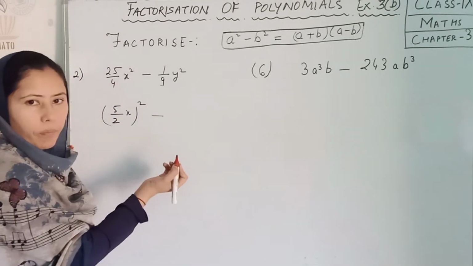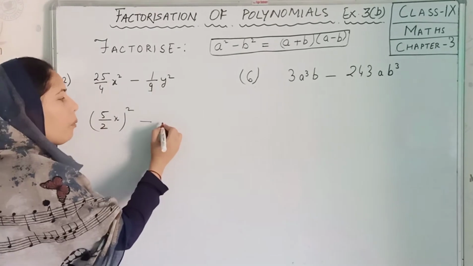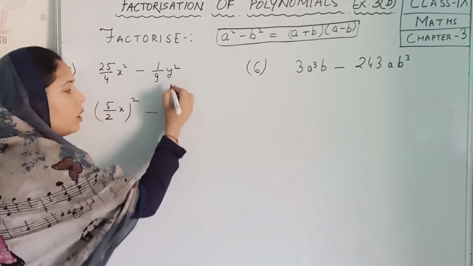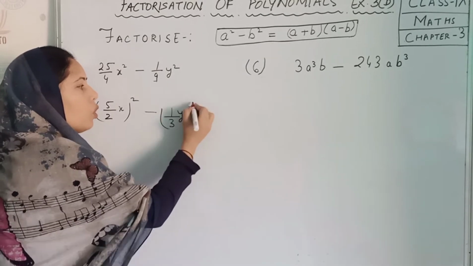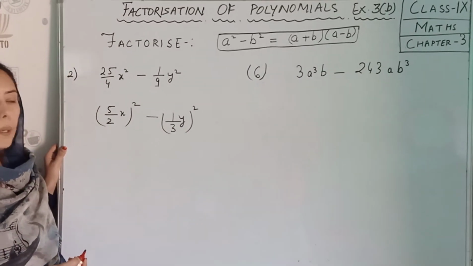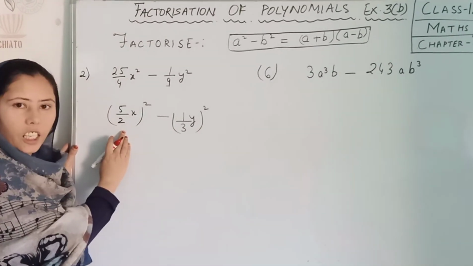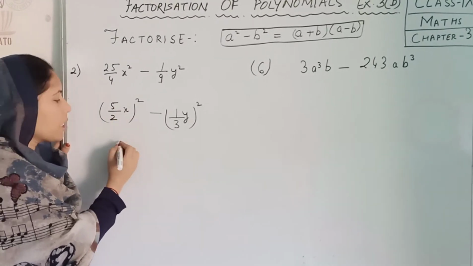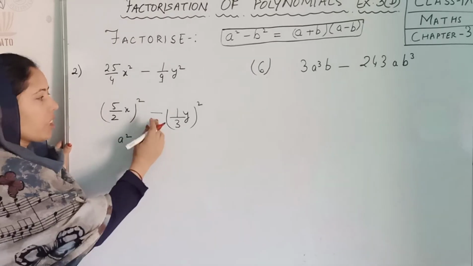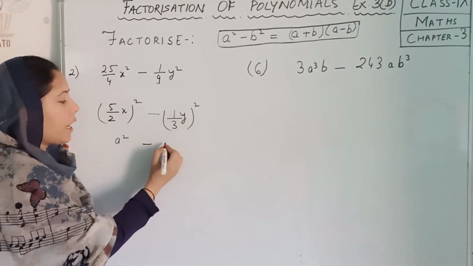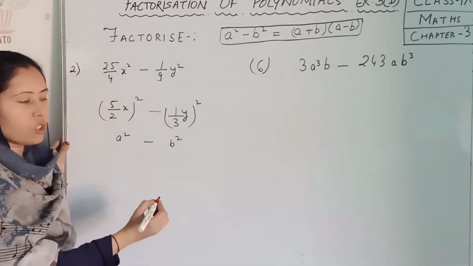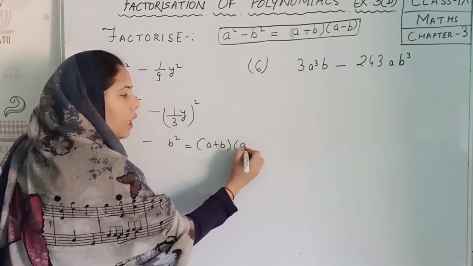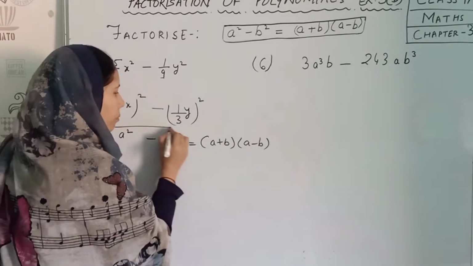Minus stays minus. 1 upon 9 can be written as 1 upon 3 square, (1 upon 3y) whole square. Now this acts as a and this one acts as b. 5 upon 2x acts as a square minus 1 upon 3y acts as b square. So its answer is (a plus b)(a minus b).